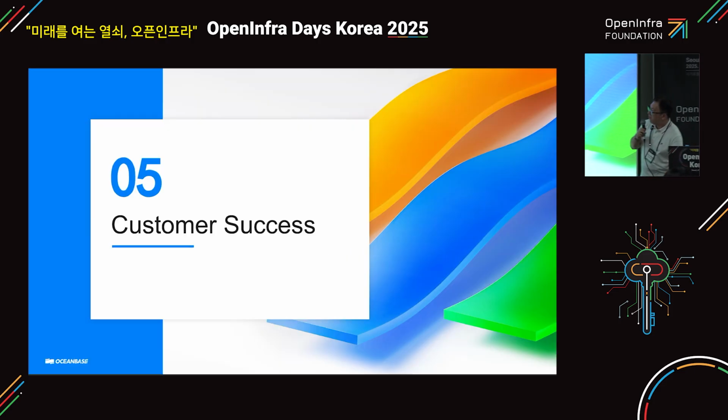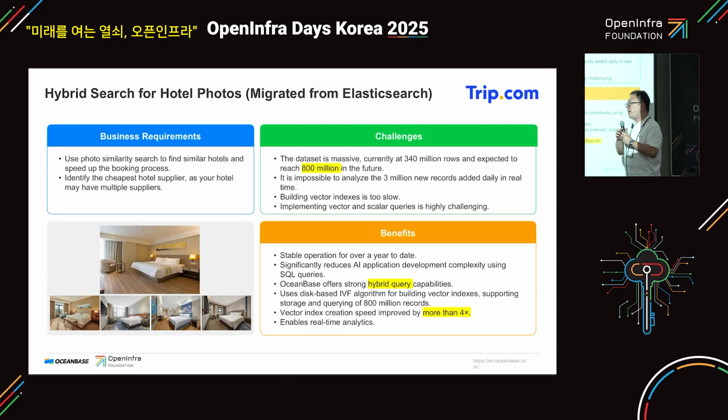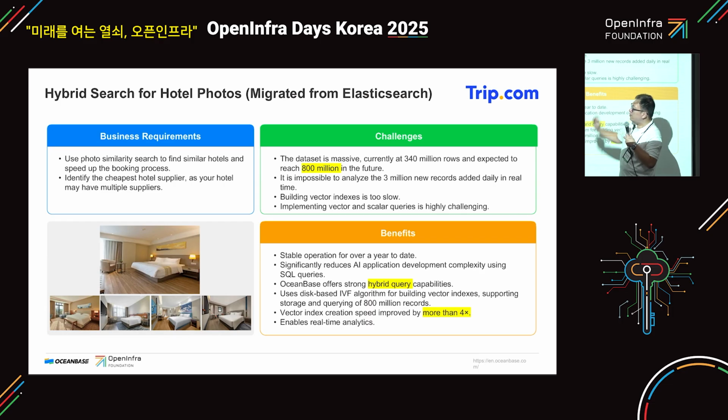Okay, in the final part, let's share some customer success stories. The first one is from our customer, Trip.com. Trip.com has two business requirements. The first one is photo similarity search to find similar hotels and speed up the booking process. The next one is to identify the cheapest hotel supplier.